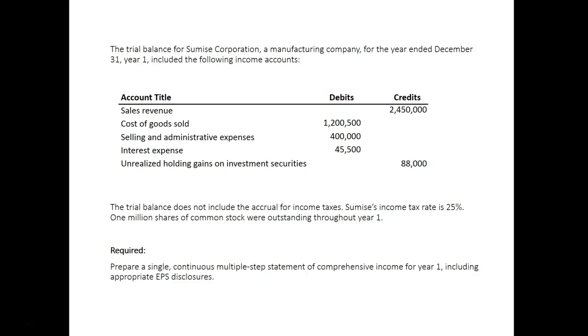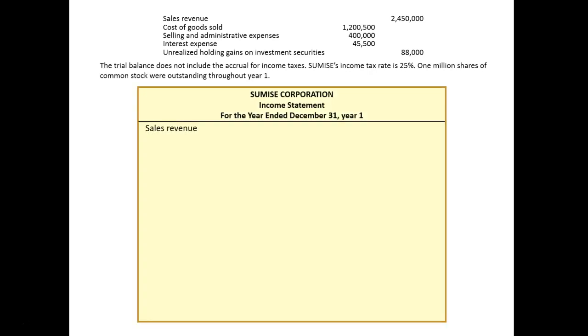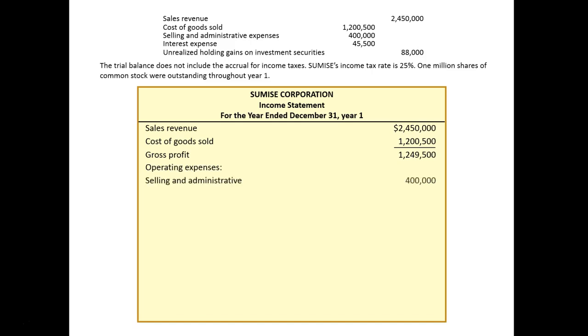So the way we'll handle this is we're going to start by showing our sales revenue, then our cost of goods sold, which will then give us our gross profit. From there we take our operating expenses to come up with operating income. From there we come up with our other expenses, interest expense.